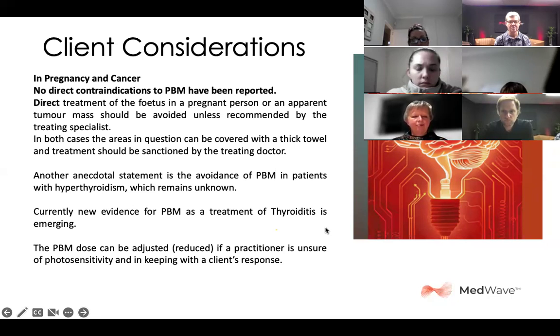So just bearing in mind that if someone is on thyroid treatment, their thyroid might actually recover. And so after they've done this, maybe they've done 10 sessions or 20 sessions for something else, but they are on thyroid medication, they should have their thyroid checked, just because we have seen thyroid functions balanced out.